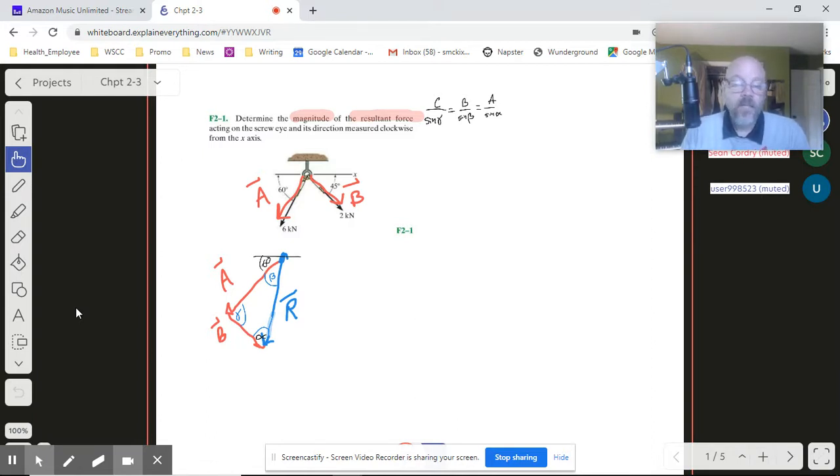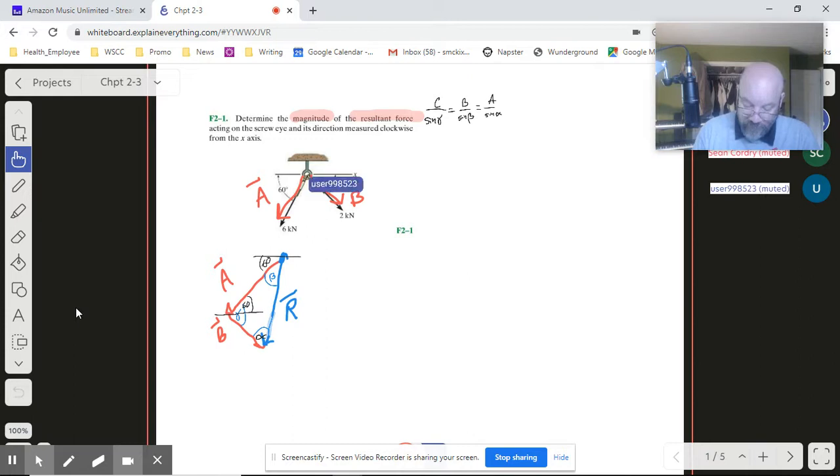We don't know what alpha is, but we know that's 60 degrees. What's useful about the 60-degree information is that if I put another horizontal line here, this angle is 60 degrees, like that. Now let's think about what's happening with vector alpha.